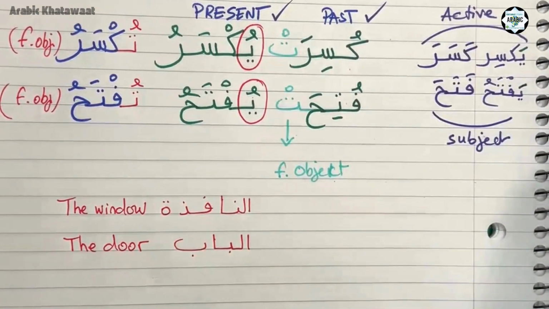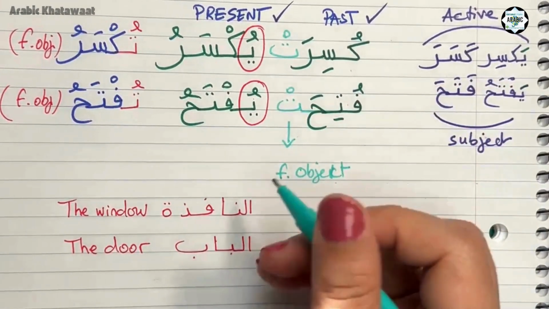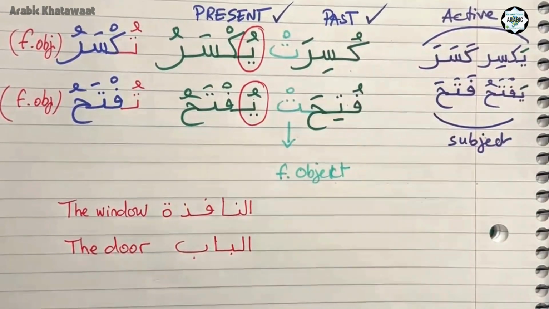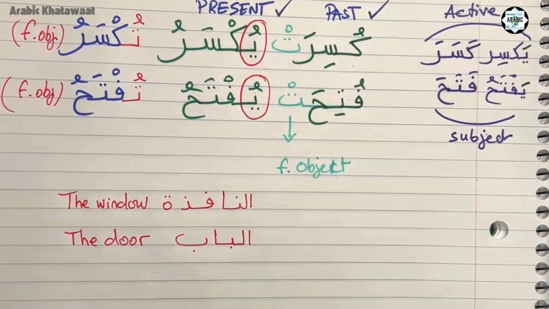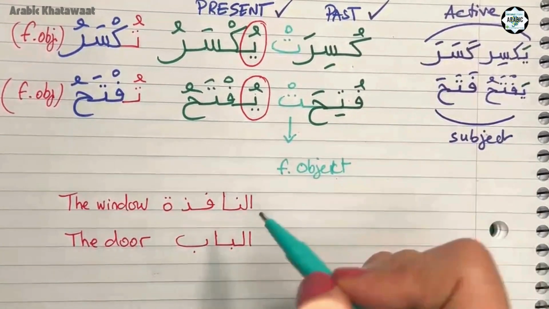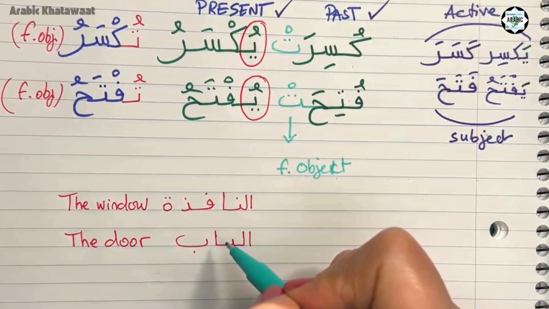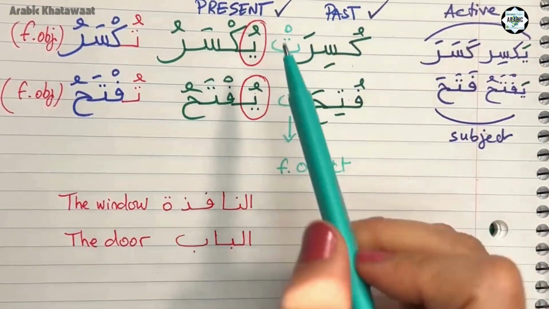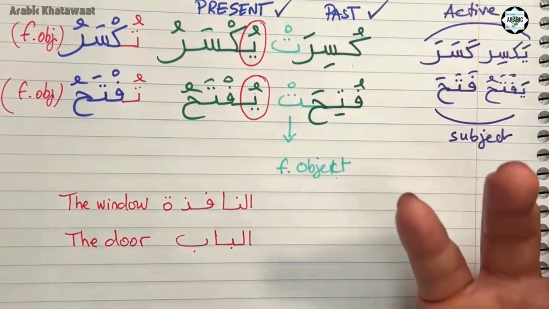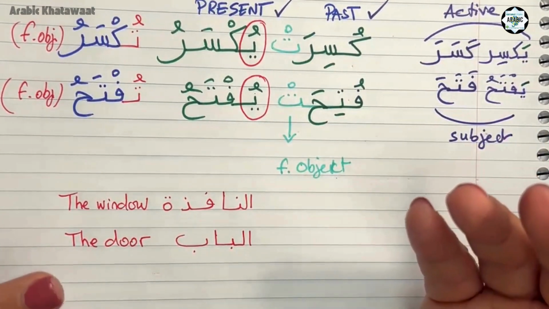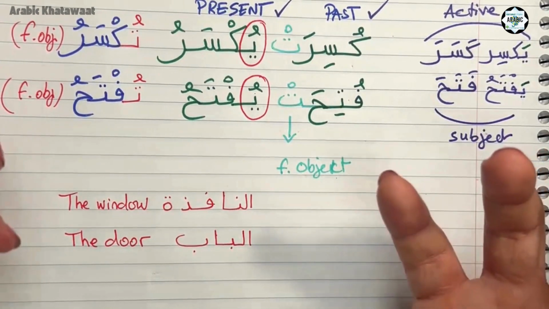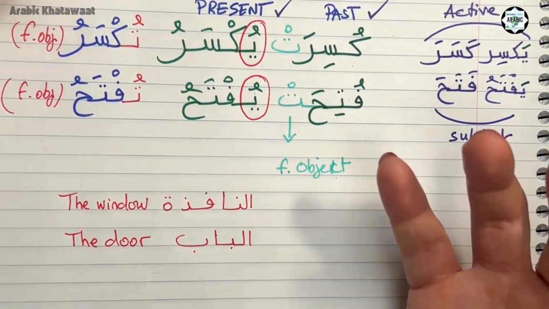These two examples always tell me that when I use the passive form, I have to keep the alif lam. The alif lam defines the object, so it gives it more value and more presence. Every time you add alif lam to the object in the passive form, you give it more weight, more importance, and more attention. So we're not focused on the subject anymore. We're focused on the object, and we're saying that the action was done to it.